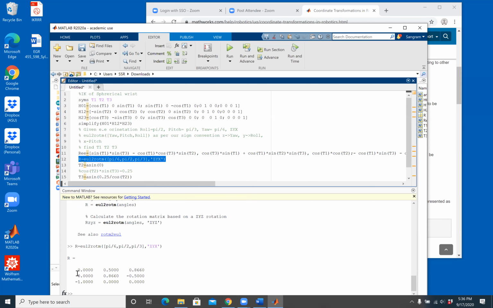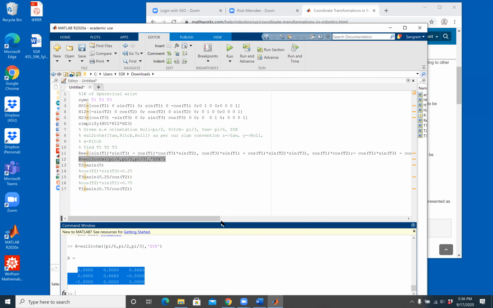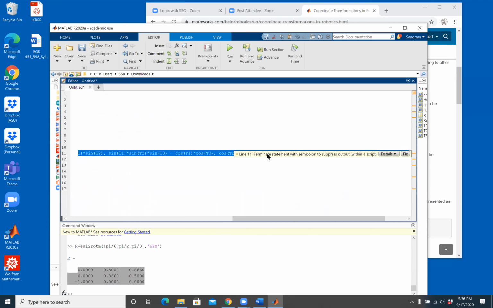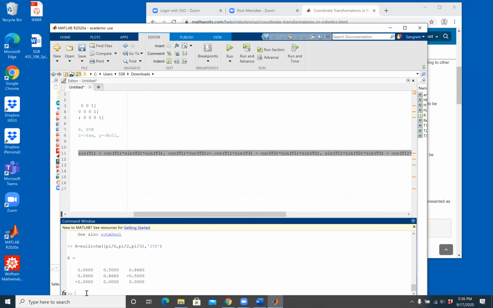Okay, now this makes sense. So I got this ZYX, and now you should compare the terms. When you compare the terms, you will be able to find out the values. So let me see REE.